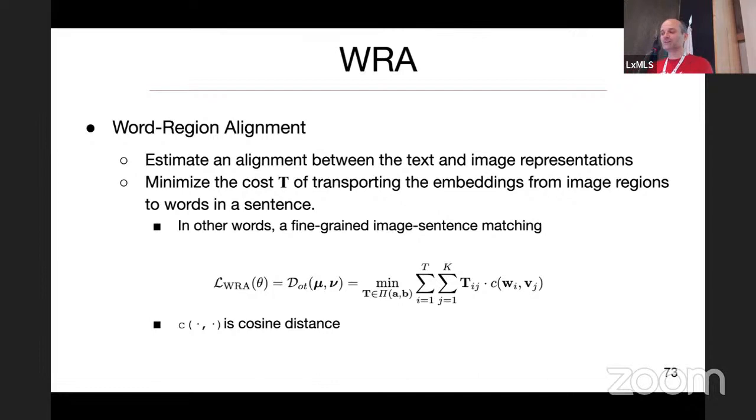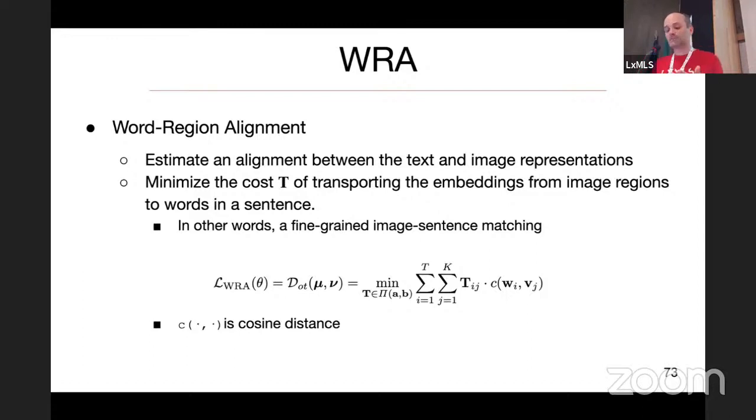So the aim here is to estimate this alignment between the text representations and the image representations as embedded in the model. And this is operationalized as an optimal transport problem, where you want to minimize the cost T of transporting the embeddings from their image regions to the word embeddings. And this can be seen as kind of a fine-grained image sentence matching problem, where you don't actually have direct supervision about how to do this.